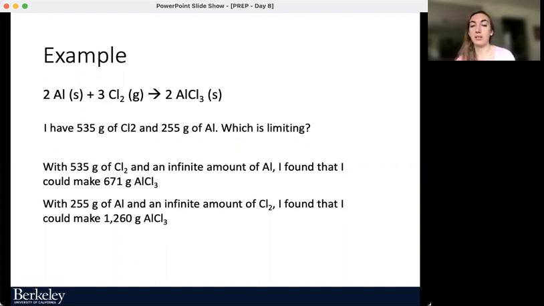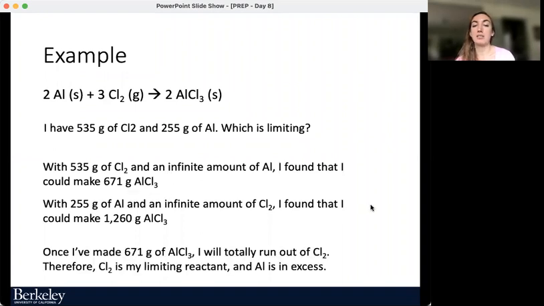So 671 is less. So as I'm proceeding in my reaction, once I've made 671 grams of AlCl3, I will have totally run out of chlorine. So I can't make any more AlCl3 because I will never get to 1,260 grams of AlCl3, because once I get to making 671 grams, I'm done, I'm out.